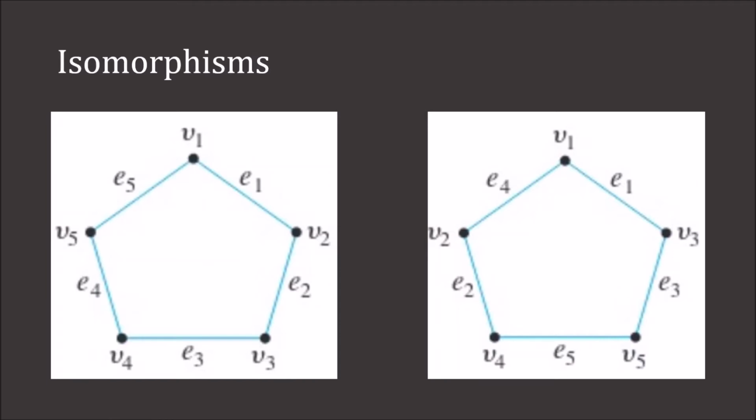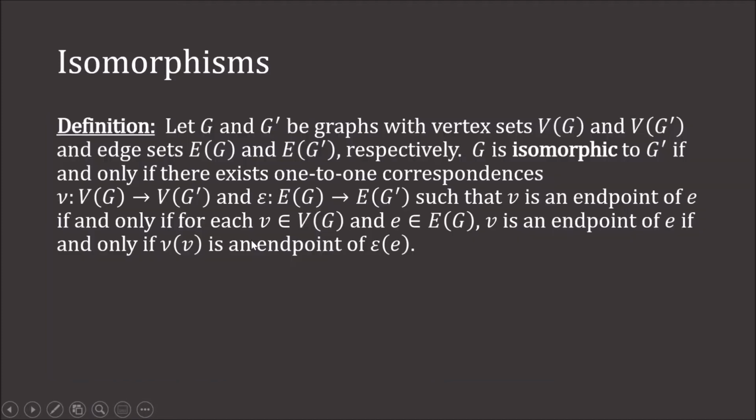This is what we mean when we say two graphs are isomorphic. They have similar properties. So formally, let G and G prime be graphs with vertex sets V of G and V of G prime, and edge sets E of G and E of G prime, respectively.